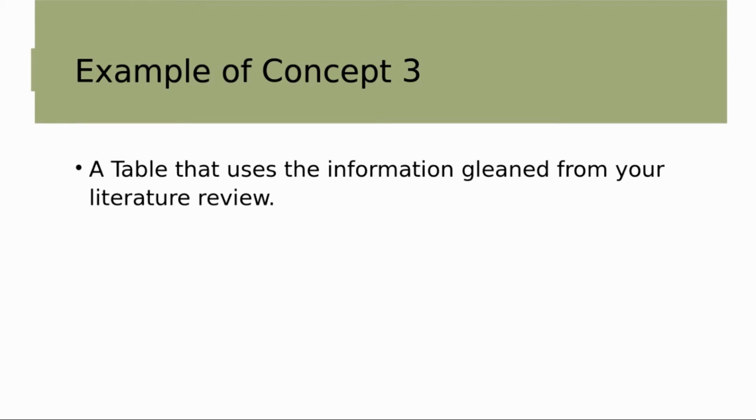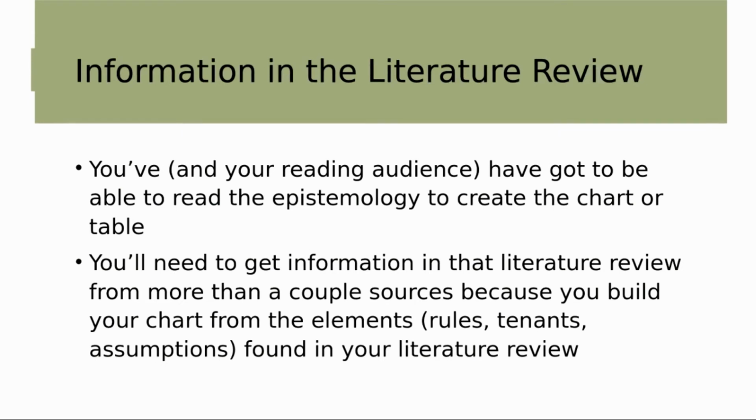That means your lit review is going to have enough information in it that you can come up with a table with columns and rows, and you can discuss what two or three different experts said on your subject, giving the elements, the tenets, the assumptions, the rules, by giving them a place on a table. I'll show you what that means.